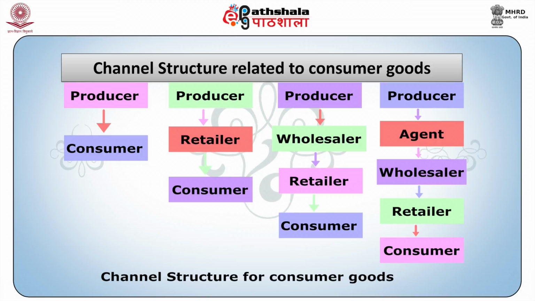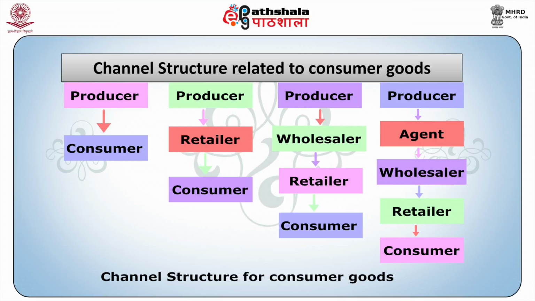Thus, the wholesaler serves as a linking pin between manufacturer and small retailers and provides goods to small retailers in small and manageable quantities as per their requirements. Providing goods in small quantities is also known as assortment of the goods.